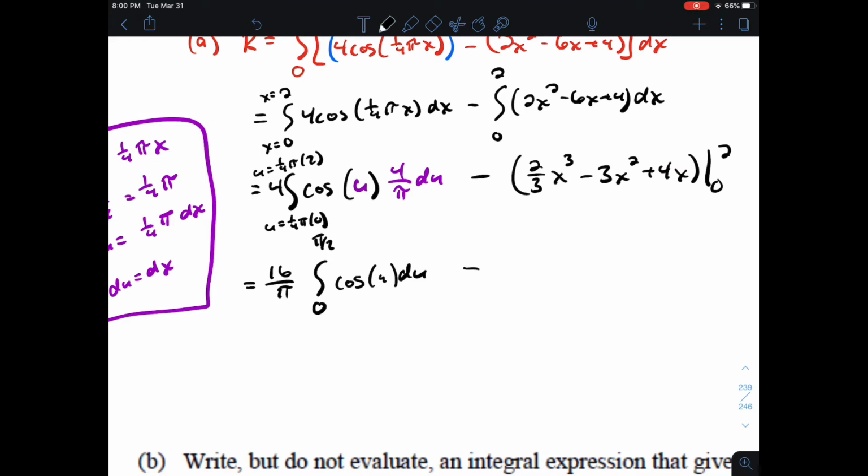So then as I continue with this, I'm going to put a 2 in for each of these x values. And then I'm going to subtract from that, putting a 0 in. And hopefully you can see if I put a 0 in for each of these terms, it's all going to become 0, so I'm not going to even bother. I'm just going to say minus 0.